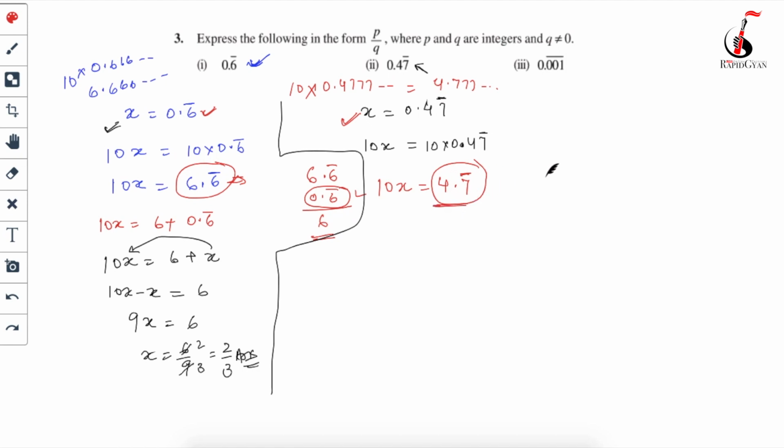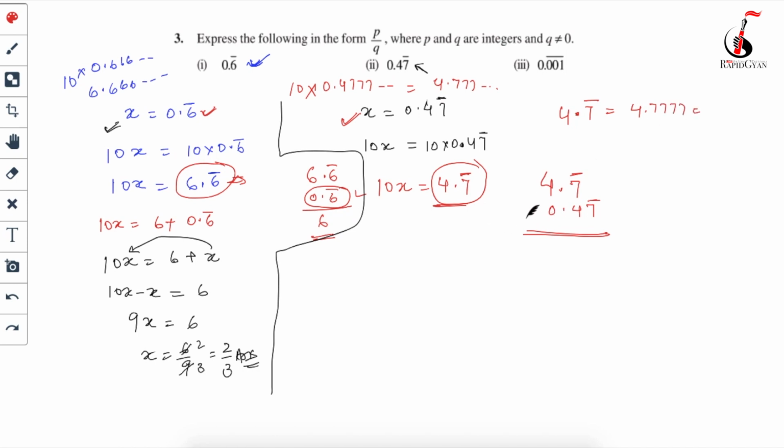So in order to subtract this, you will write 4.7 bar minus 0.47 bar. Now see, how are you going to subtract this? It's very simple, beta. This 4.7 bar is what? 4.7 bar is your 4.7777, correct?